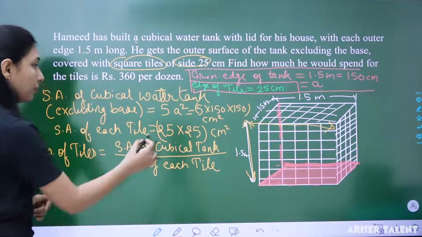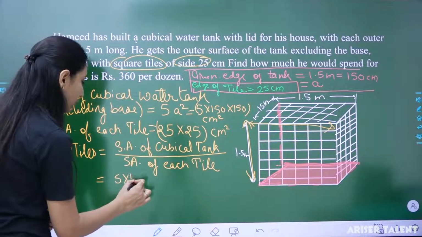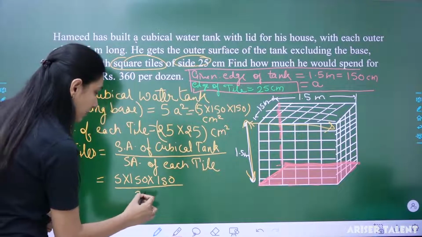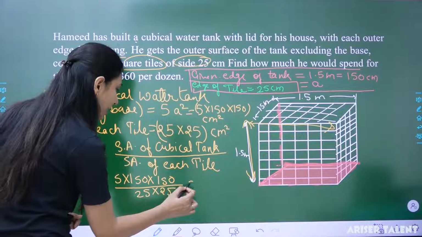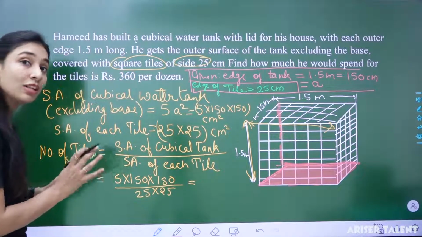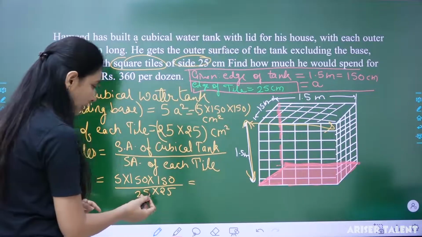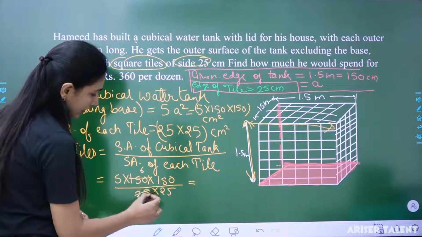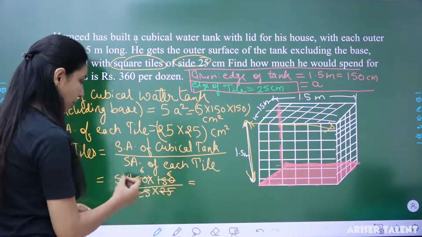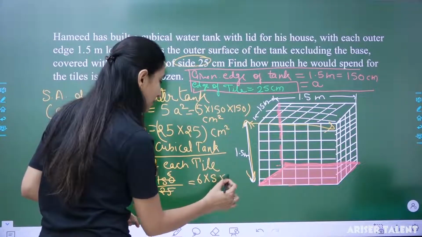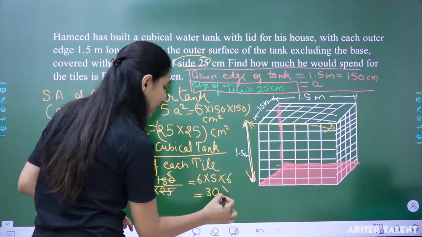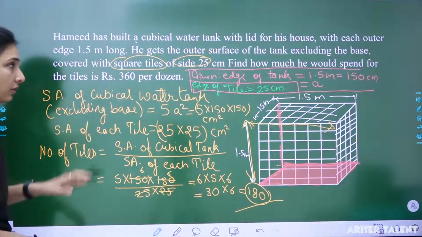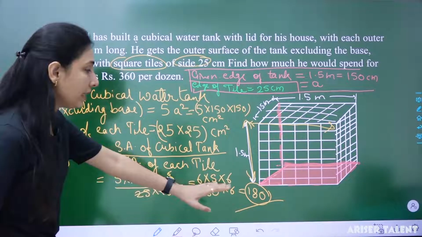Now put the values here. 5 multiplied by 150 multiplied by 150, over 25 multiplied by 25, and the outcome will be a particular number. Okay. So 150 divided by 25 is 6, similarly 6 times. 5 multiplied by 6 multiplied by 6. 30 multiplied by 6 is equal to 180. So the number of tiles is equal to 180. This is clear to you till here? 180.